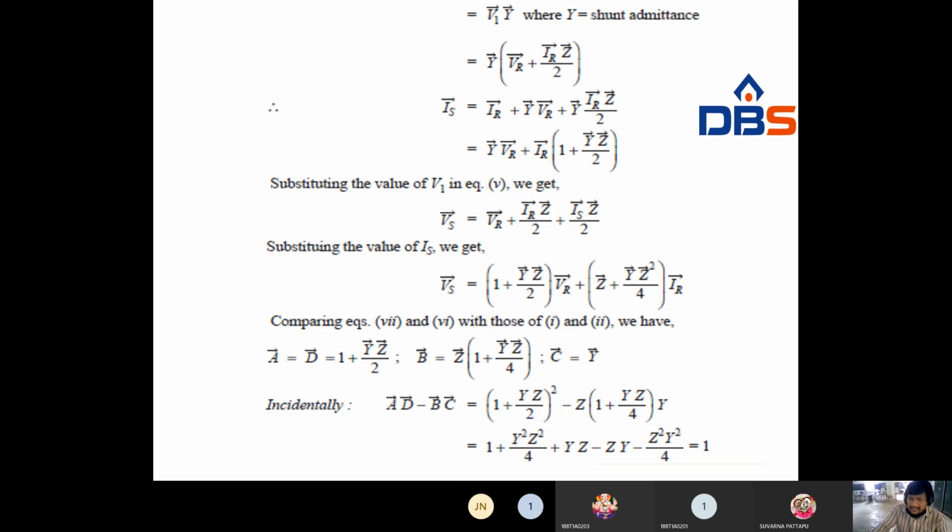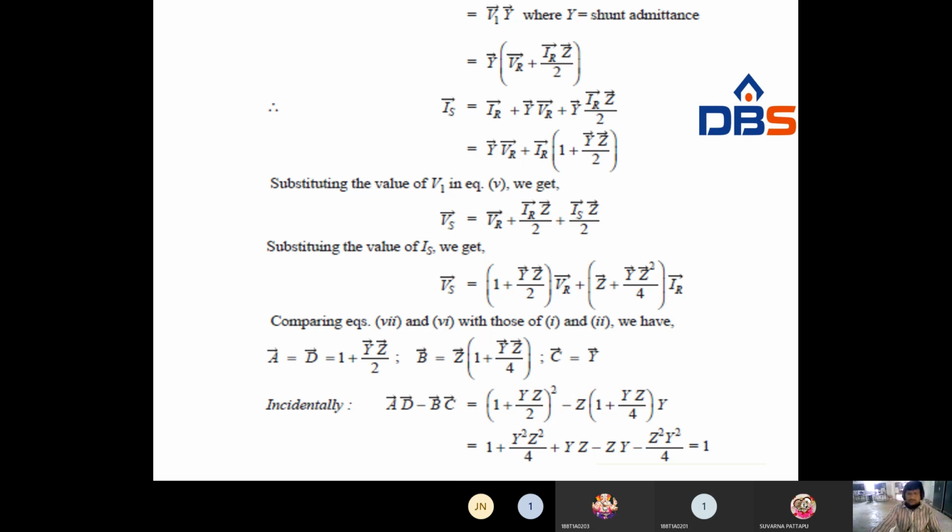IC is nothing but the capacitor current, equal to V1 into Y, but V1 is VR plus IR into Z/2. Now substitute: IS is equal to IR plus Y into VR plus Y into IR Z/2. That is Y into VR plus, taking IR as the common factor, 1 plus YZ by 2.